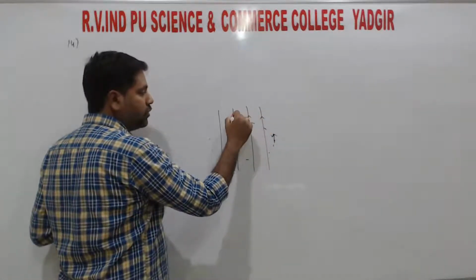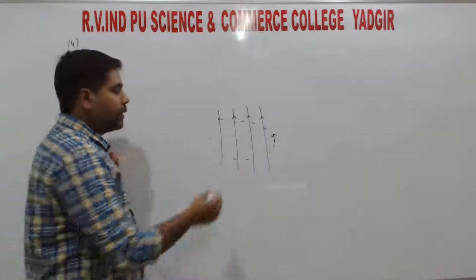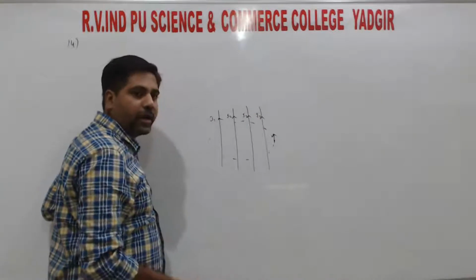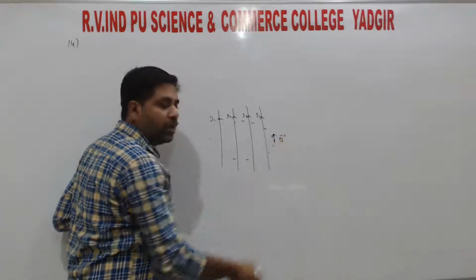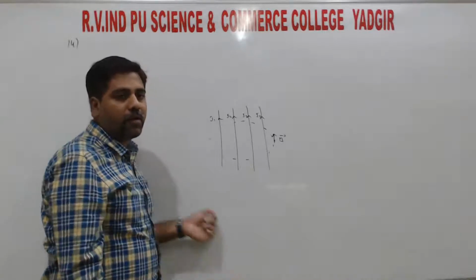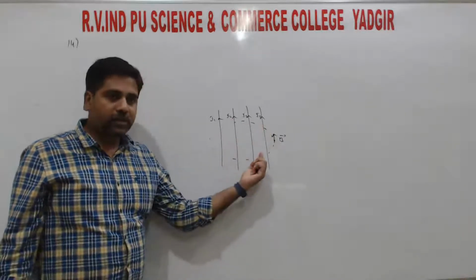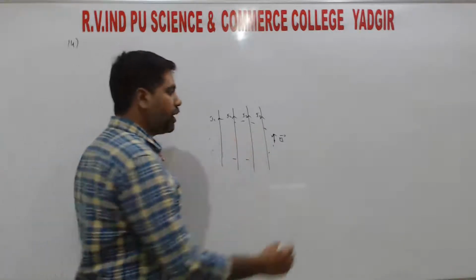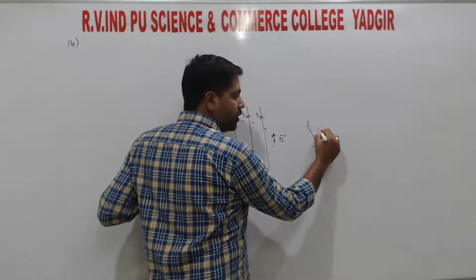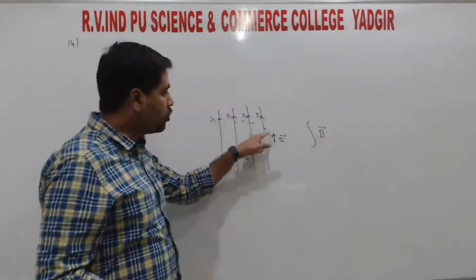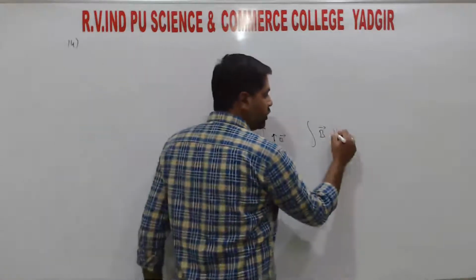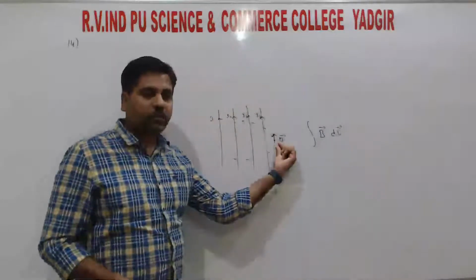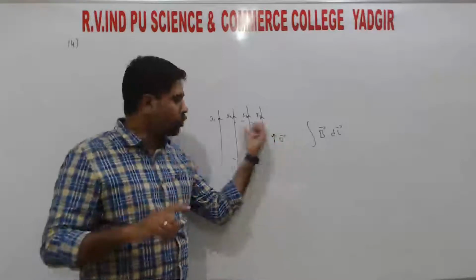If we consider the current carrying conductors I1, I2, I3 and I4, the line integral of the magnetic field B over a closed surface is equal to mu naught times the net current enclosed in the surface. Mathematically, we write the line integral of B dot dl, where dl is a small element, and we take the integral over the total surface.